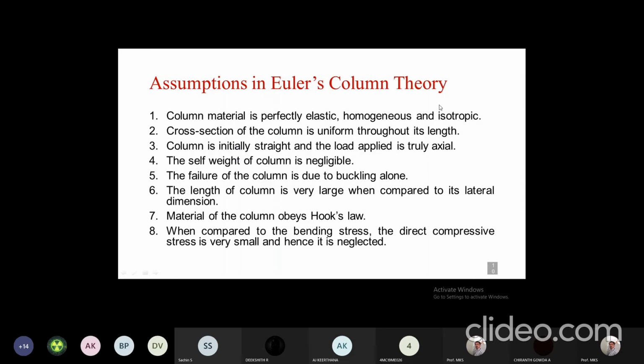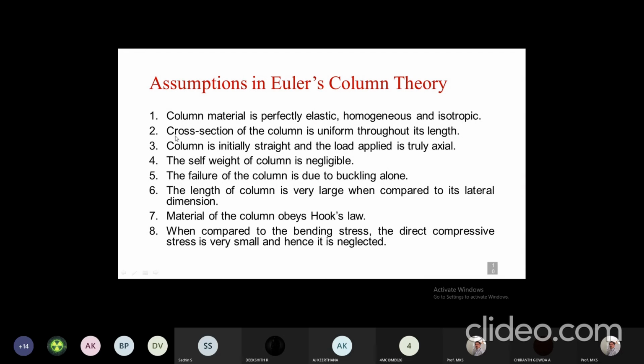The column material is perfectly elastic, it is a ductile material, homogeneous, so the material properties remain the same throughout, and isotropic, in the sense that along the length it is made up of the same material.